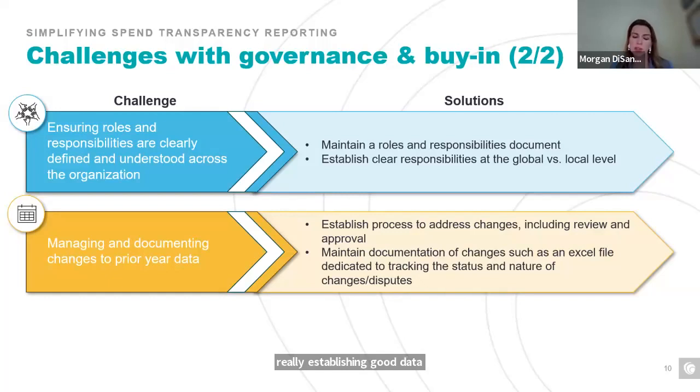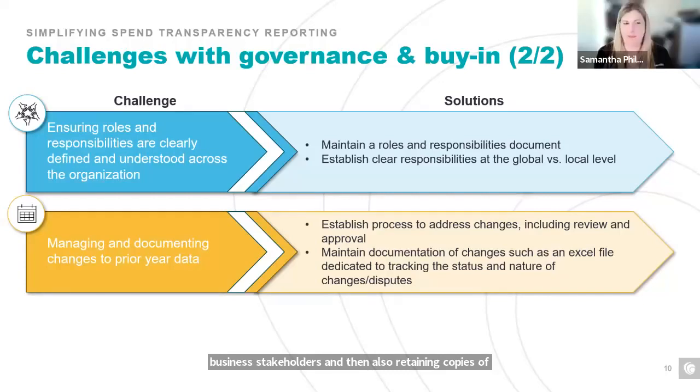So storing original and transformed files for all data sources for auditability, and also maintaining all emails that might be going back and forth between business stakeholders, and also retaining copies of all spend submissions that are submitted as well.